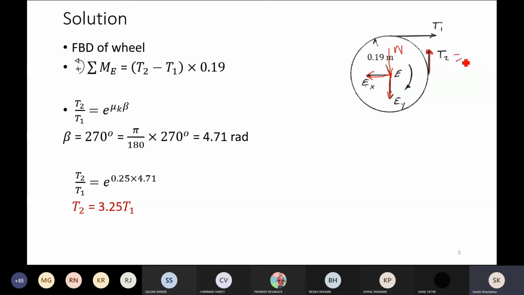Of course, T2 is your tight side. You may use any symbol, whatever you want. In some of the books, T2 is considered as the slack side, while T1 as the tight side. The symbol doesn't matter. But representing whether it is a tight side or slack side is very important. So T2 is your tight side, while T1 is the slack side.